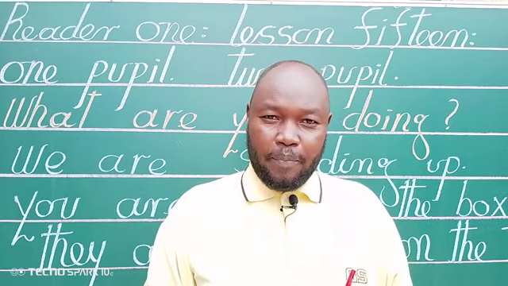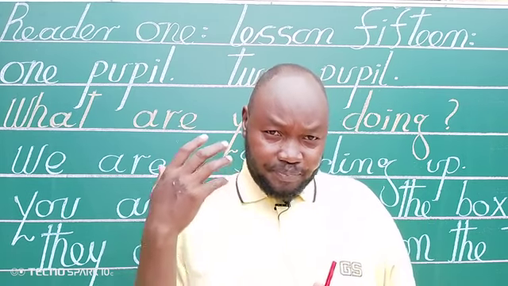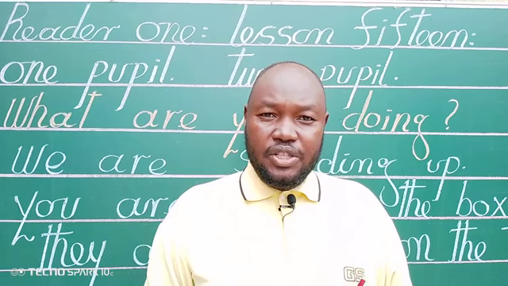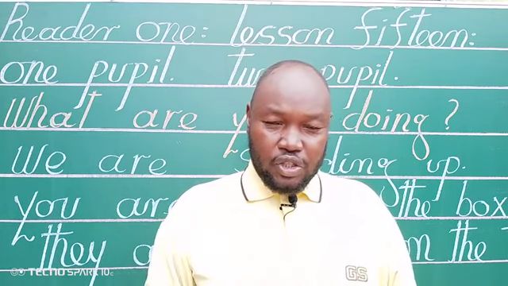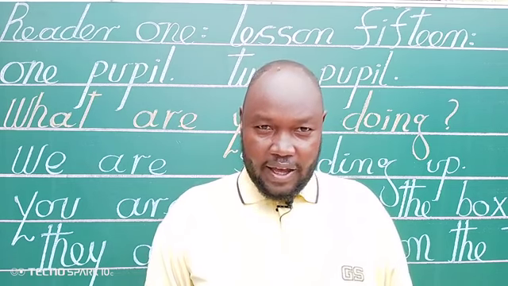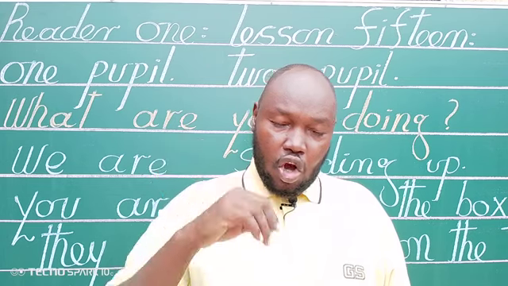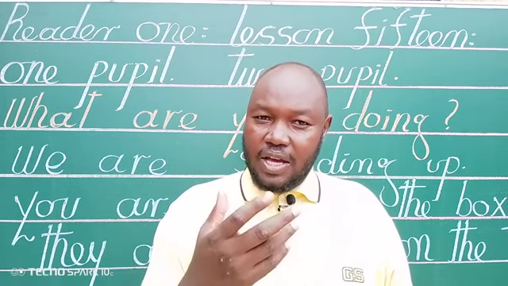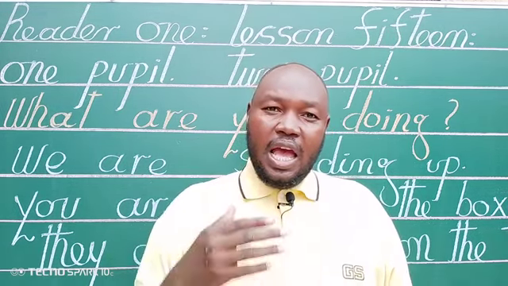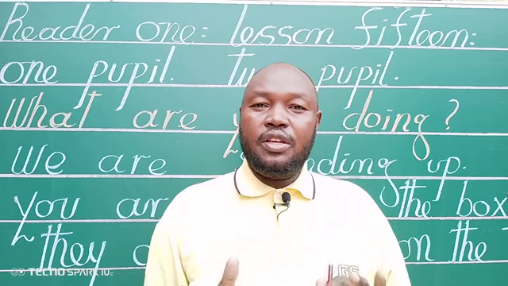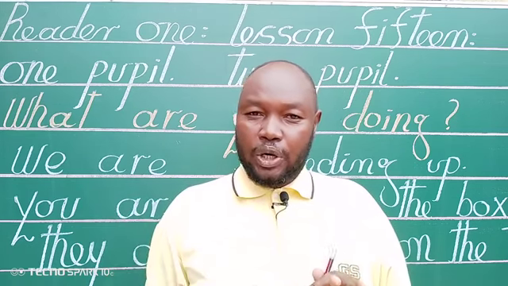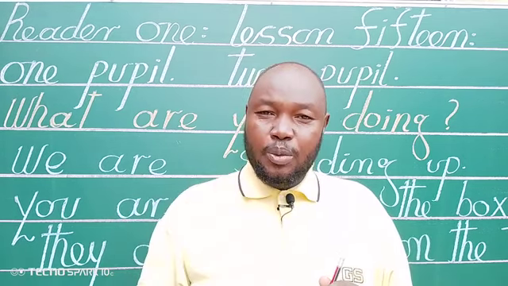Okay? Today in this lesson 15, it's going to be a very simple lesson. The goal of this lesson is to let the student learn how to distinguish between the singular and the plural, specifically in the pronouns.